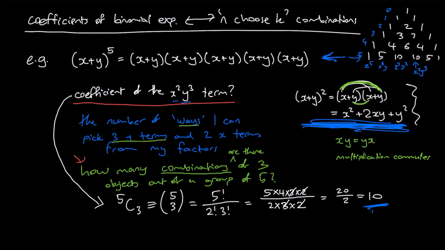So really this connection is, they're the same thing, because coefficients of the binomial expansion are a specific case of a combinations question. So that is our first relationship between these ideas. And next we'll look at how n choose k relates to Pascal's triangle.